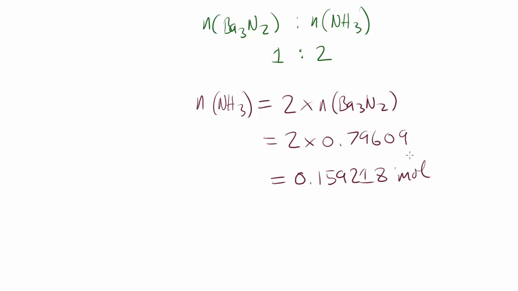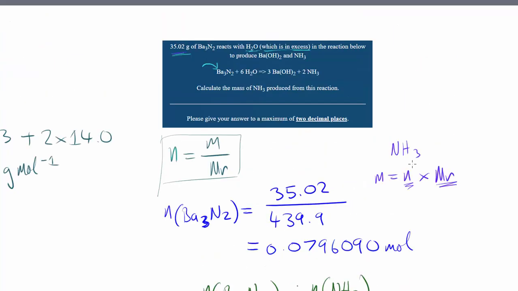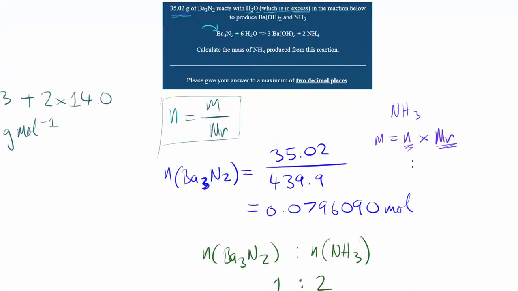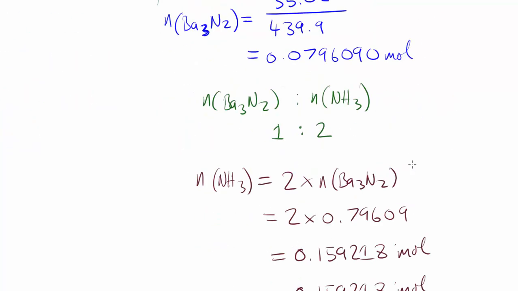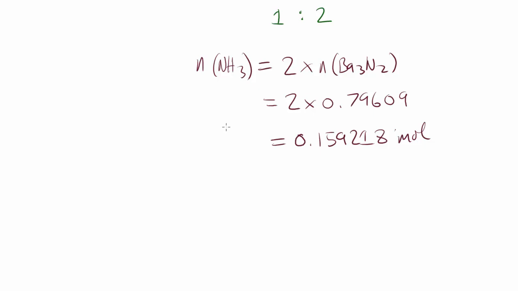At this stage, we've got the moles of ammonia, and we've been asked to work out the mass of it. So we know that the mass of NH3 would be equal to the moles multiplied by the molar mass, right?